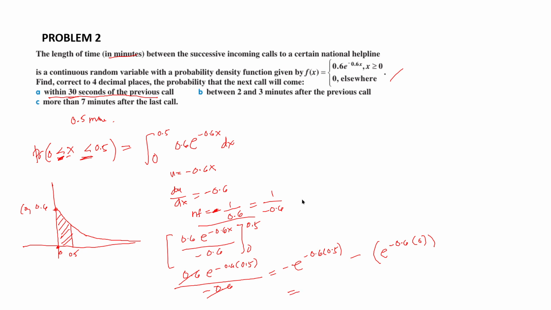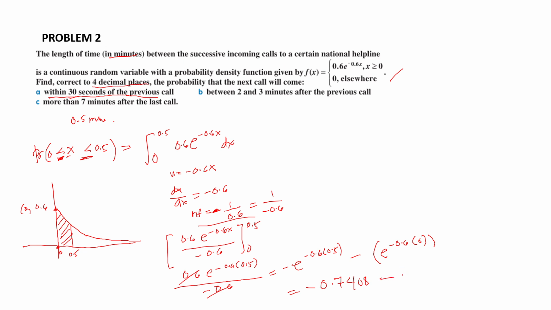So e raised to negative 0.6 times 0.5, the result of this one is negative 0.7408, since this is 4 decimal places.